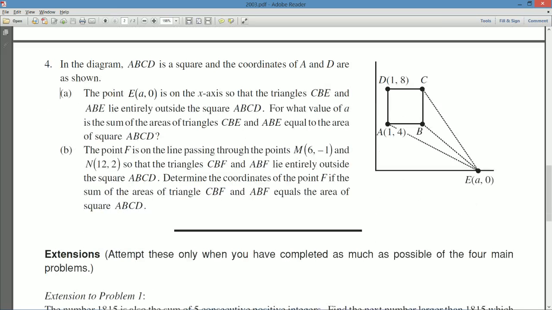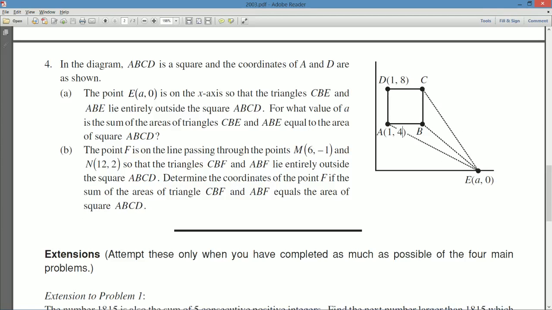In the diagram, ABCD is a square, and the coordinates of A and D are shown. So we can see pretty quickly they both have a constant x term, so it's very easy to see what the side length of AD is. And AB, DC, and CD must also be 8 minus 4, which is 4. So this square is going to have a side length of 4.